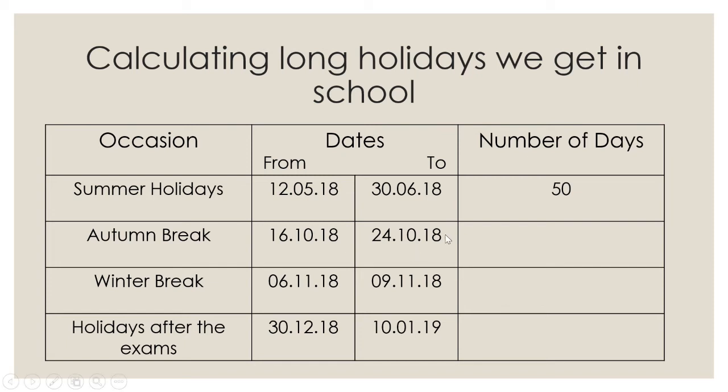How many days? Yes, 9 days. Right? Okay. Now winter break. That is the time when nobody feels like coming out of the quilt. I'm sure you love to sleep late. So the winter break is from 6/11/18 to 9/11/18.